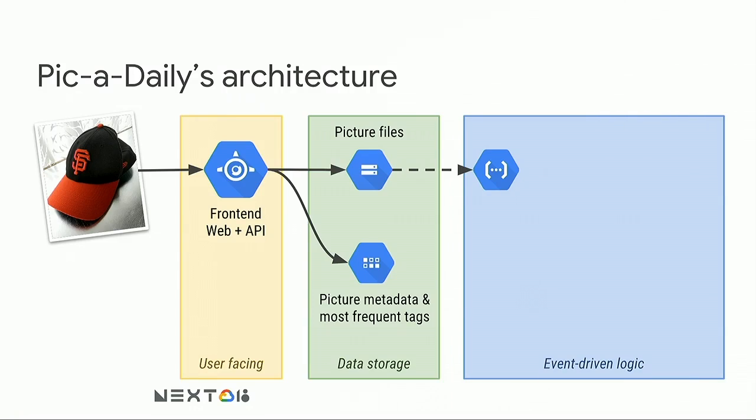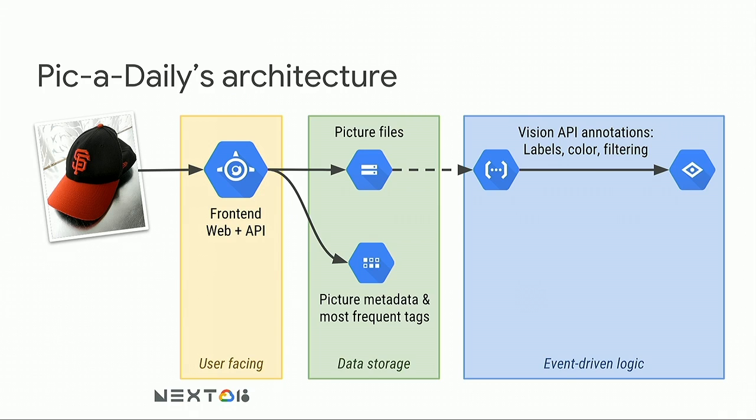When that picture arrives on Cloud Storage, a function is triggered. This function is going to call the Vision API to get labels, so that's the tags you see below the pictures, and to get the dominant color. That's why the pictures were framed with some colors.